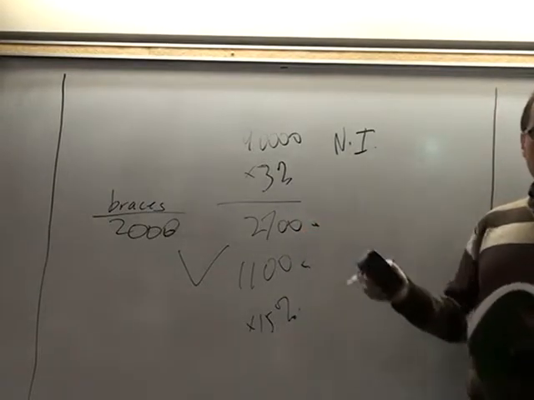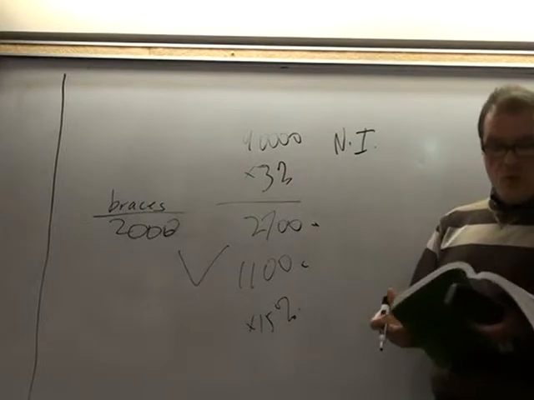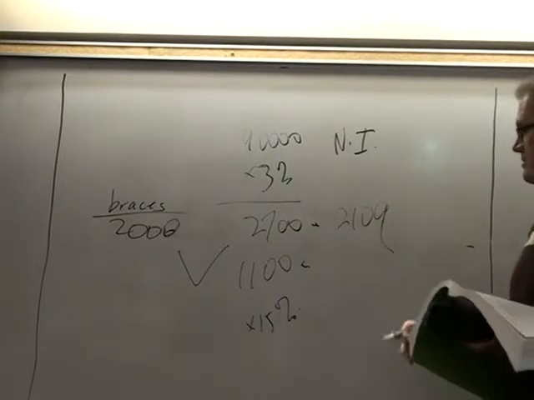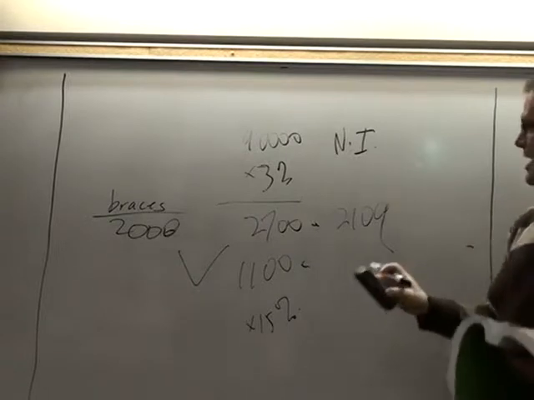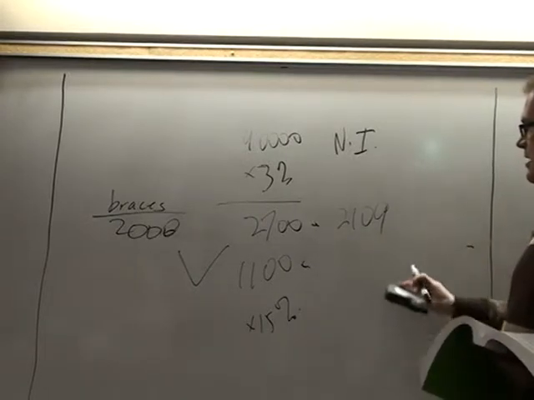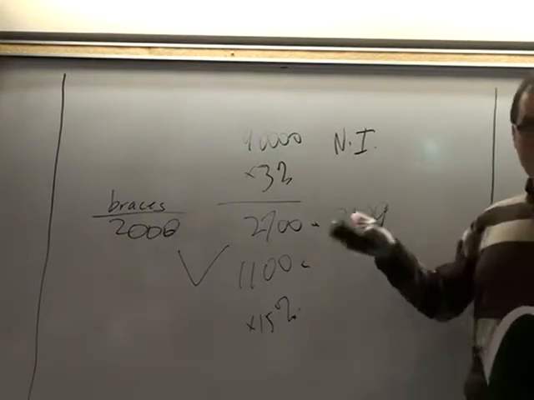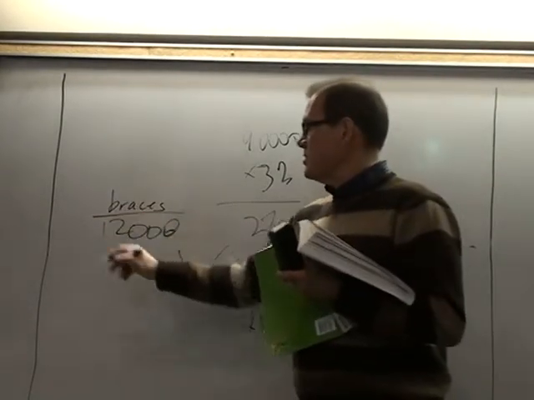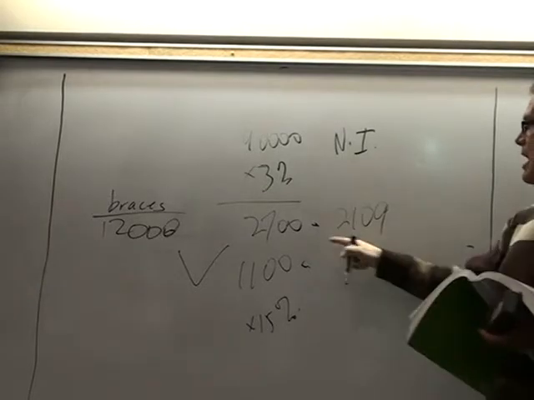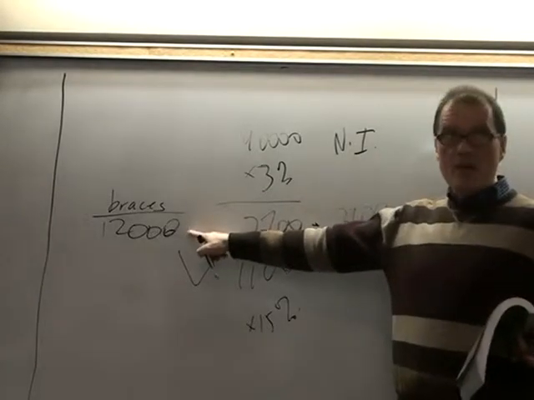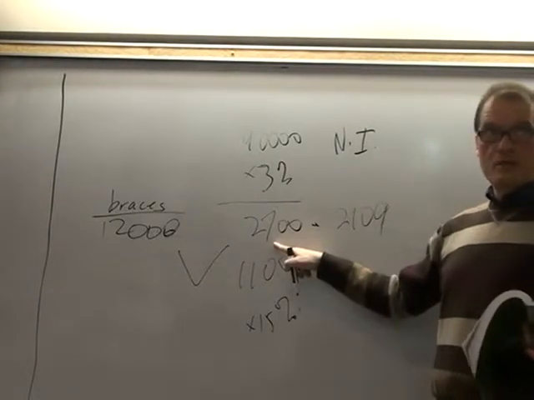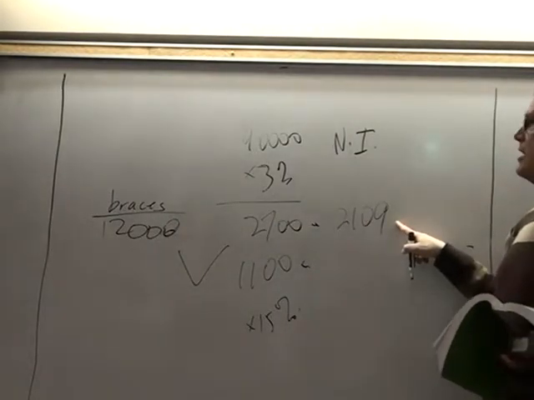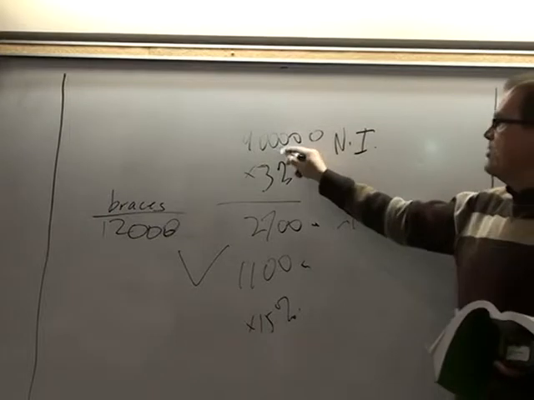But there's good news. This amount maxes out at $2,109. Don't ask me why $2,109, it's one of those inflation deals. So if, let's say, the braces were $12,000, I wouldn't have to subtract 2,700 from 12,000. I'd subtract 2,109, even if my income were $900,000.